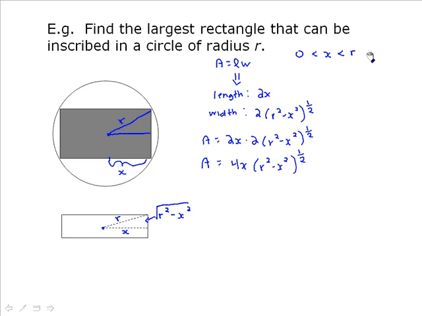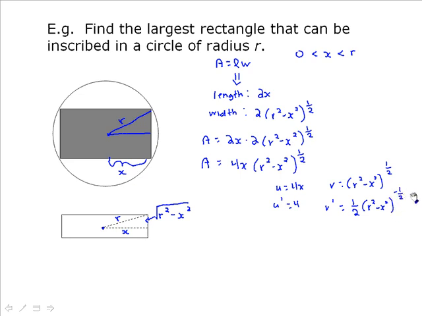Now, when you're doing this problem, you're going to see that it's a little more complicated to differentiate, because it's going to involve the use of the product rule. So I'll say that u is equal to 4x, so u prime is equal to 4. v is equal to r squared minus x squared to the 1/2, so v prime is equal to 1/2 multiplied by r squared minus x squared to the negative 1/2.